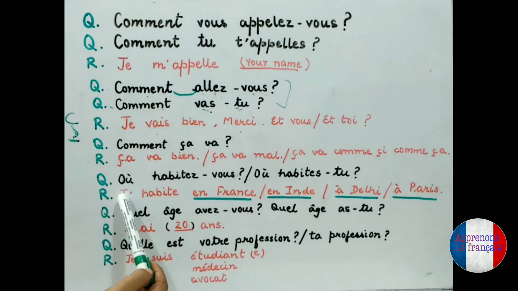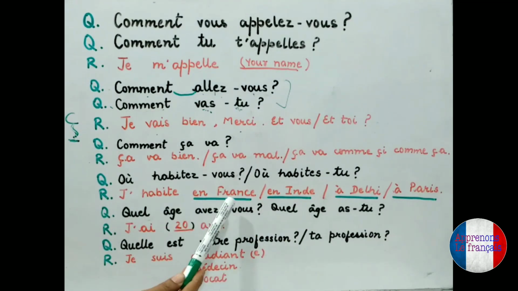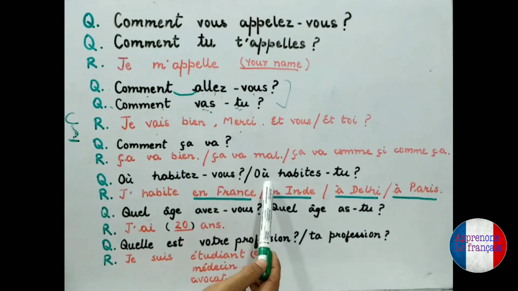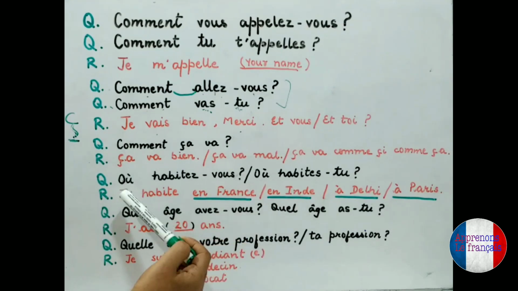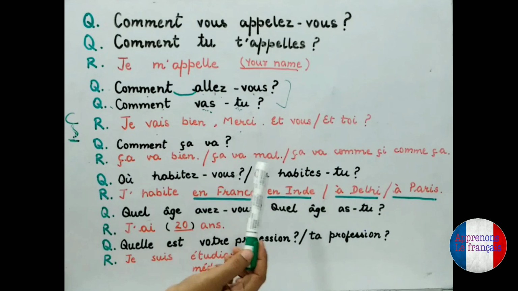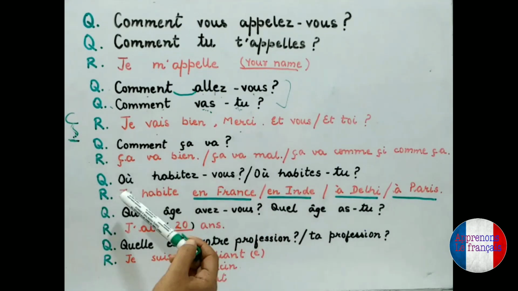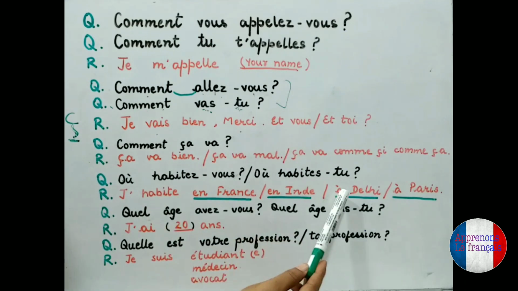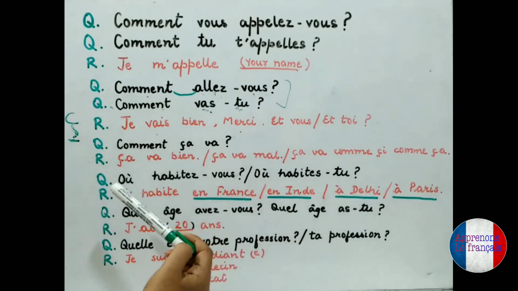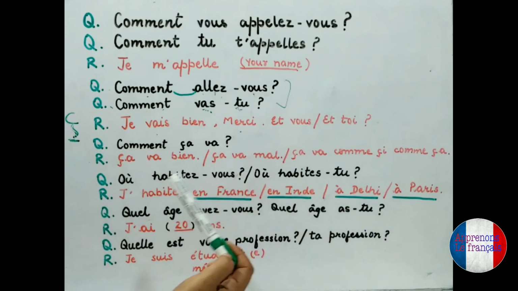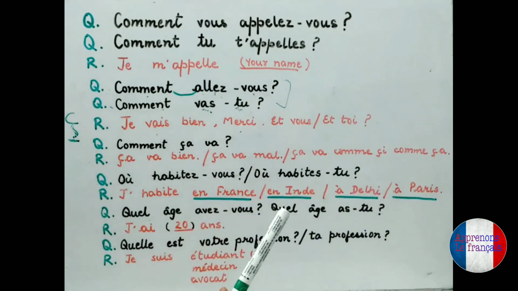The answer, the réponse, would be j'habite en France, I live in France, or you can use j'habite en Inde, that means I live in India, or if you want to name your city, that would be j'habite à Delhi, or j'habite à Paris, I live in Delhi or I live in Paris.